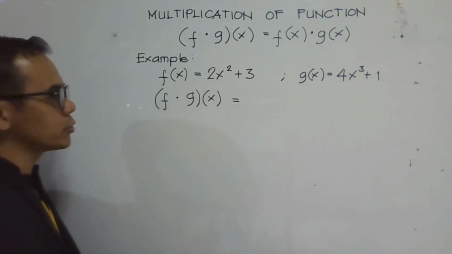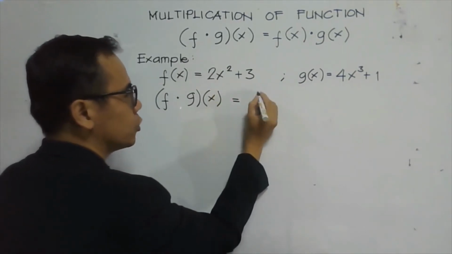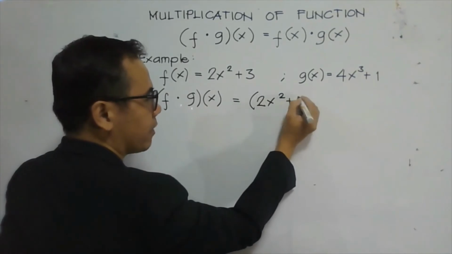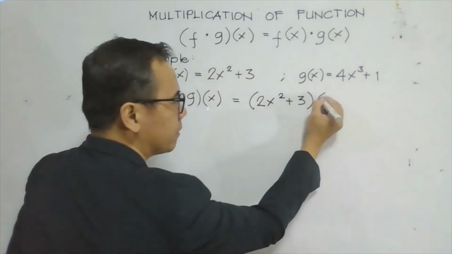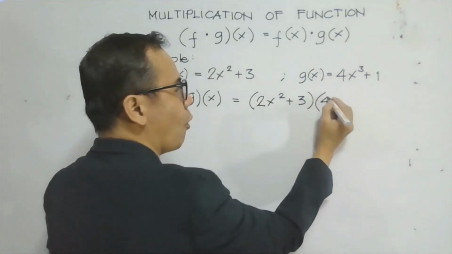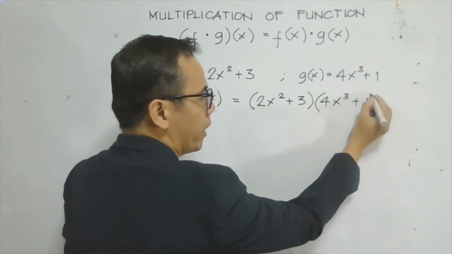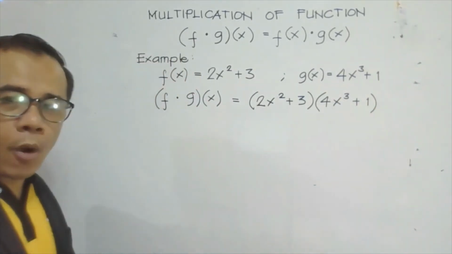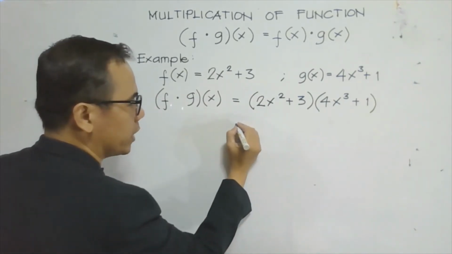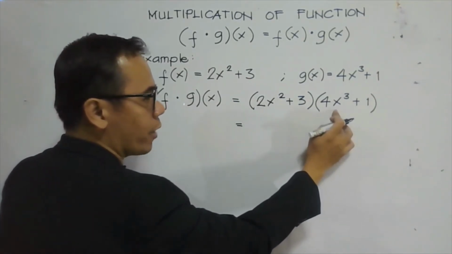So how are we going to solve for it? So we have now our f of x, which is 2x squared plus 3 multiplied by our g of x, which is equal to 4x cubed plus 1. Okay, so applying the formula that you have learned when we were in junior high school. So it's 2x squared multiplied by 4x cubed.